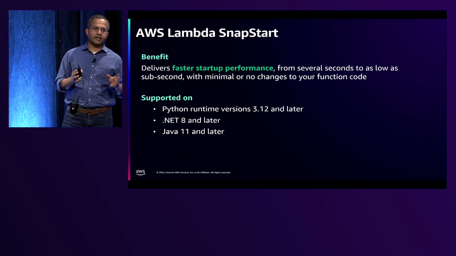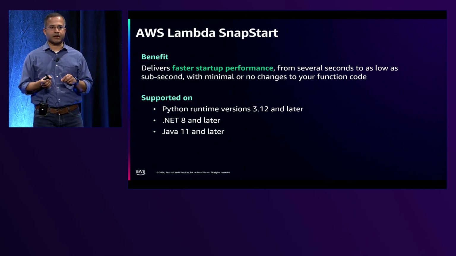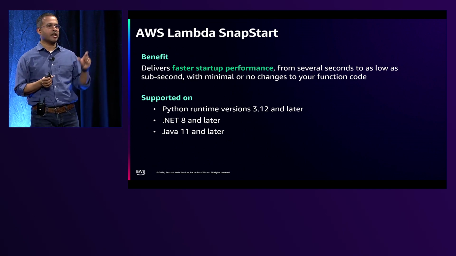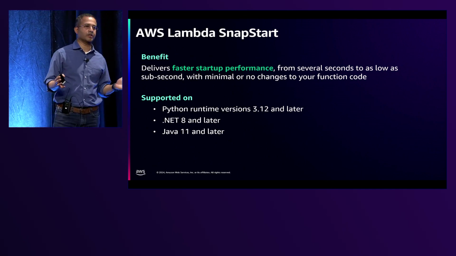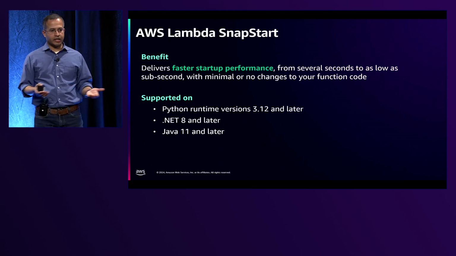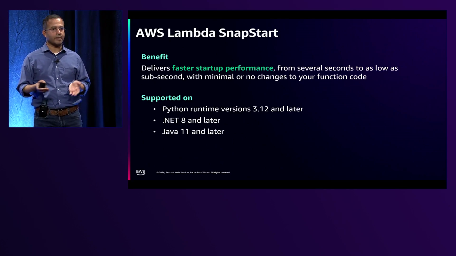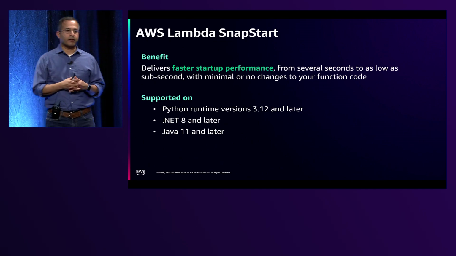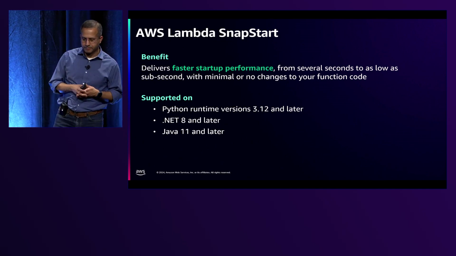And even with batch data processing, when you want to remove the outlier functions that may be taking longer to process, again because of longer initialization times, those are use cases where SnapStart is very helpful.